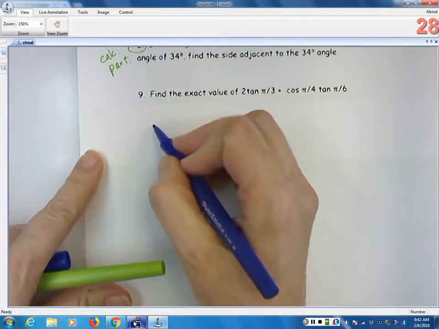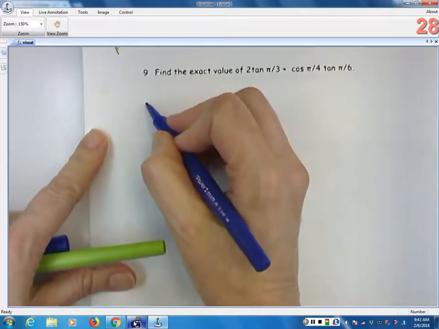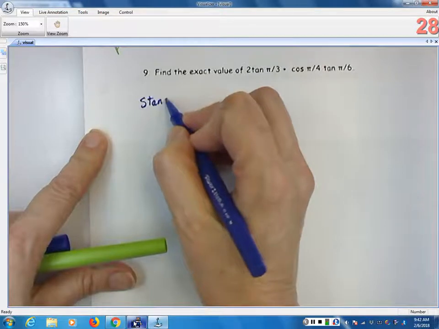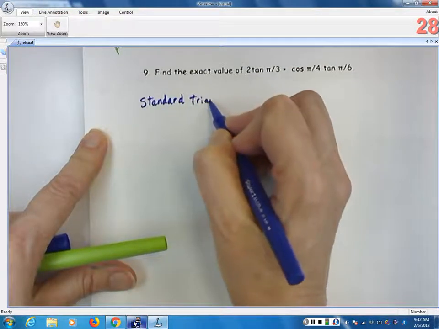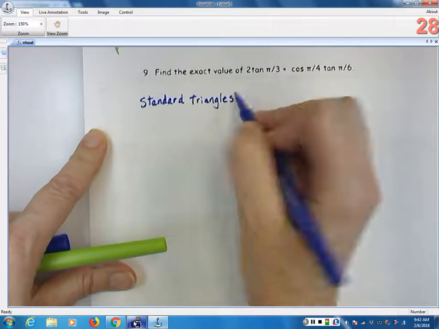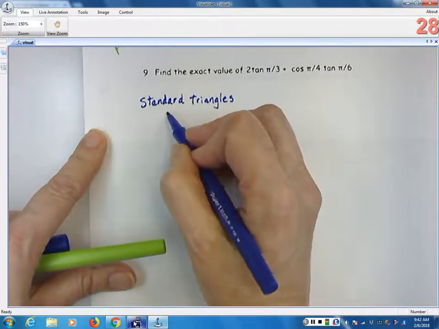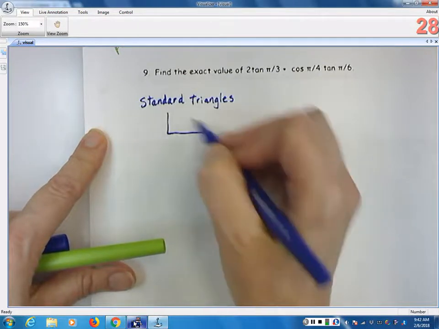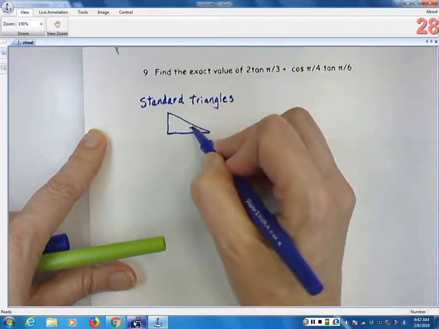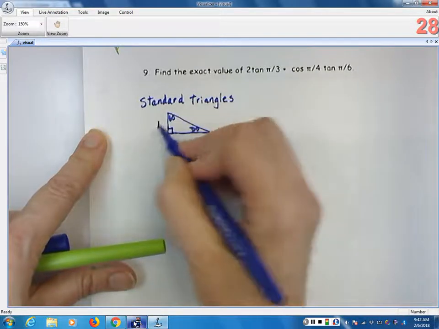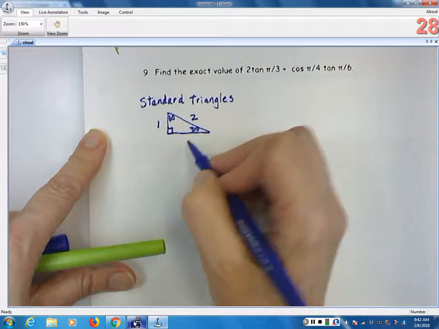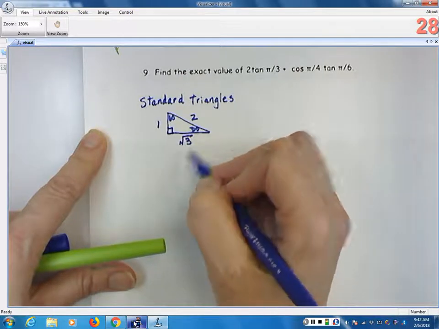You have to have the standard triangles memorized, and it's easiest if you memorize these. If this is 30, 60, 90, then this side is 1 and the hypotenuse is twice that, and this is the square root of 3.